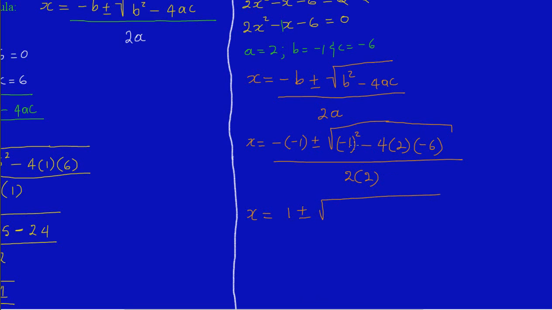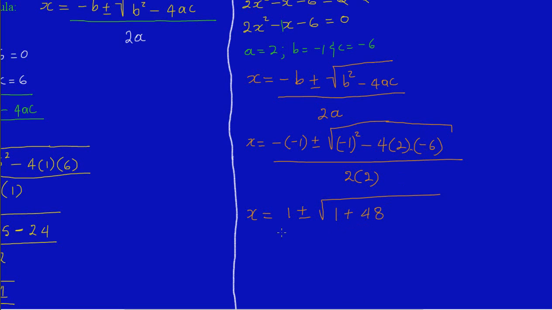Negative 1 squared is negative 1 times negative 1, which will give us a positive 1. Negative 4 times a positive 2 will give us a negative 8. And a negative 8 times a negative 6, a negative and a negative will give us a positive, and 8 times 6 is 48.